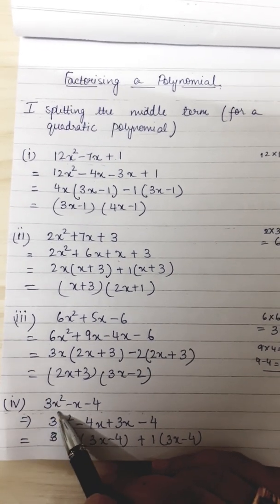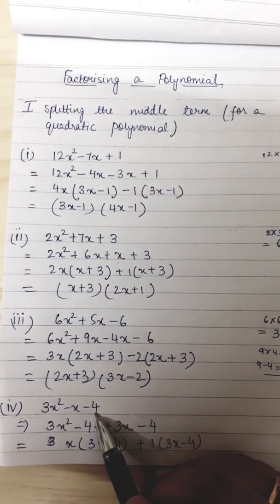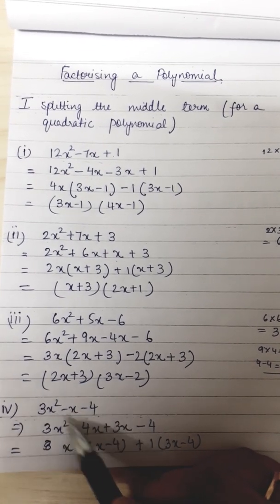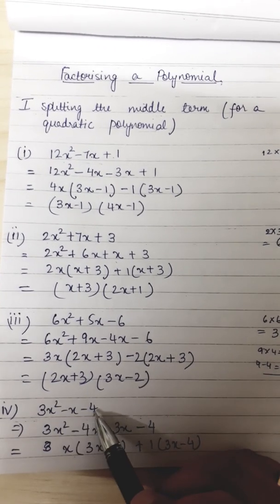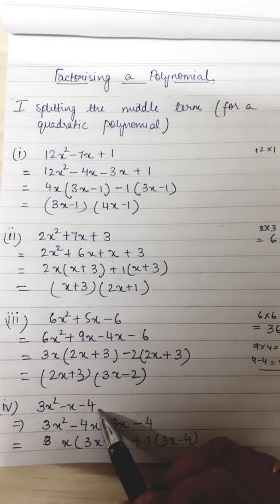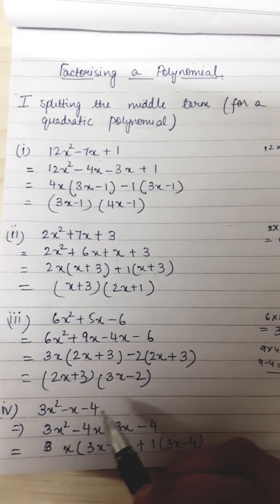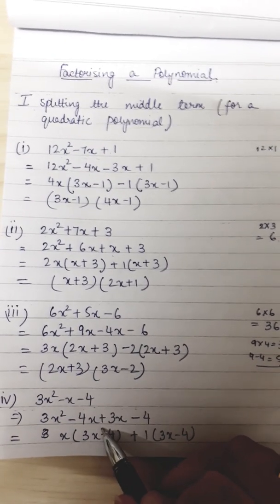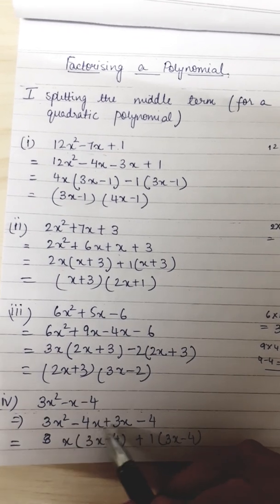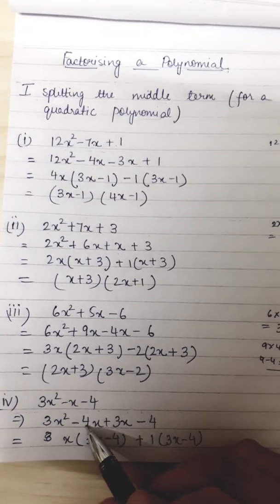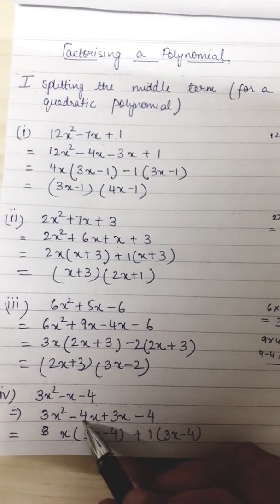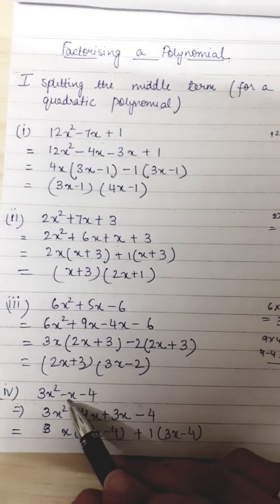The next one is 3x square minus x minus 4. So the middle coefficient is minus 1, and 3 into minus 4 is minus 12. So the product should give me minus 12 and the terms should add up to minus 1. So the terms are minus 4x plus 3x, because minus 4 into 3 is minus 12 and minus 4 plus 3 will give me minus 1.